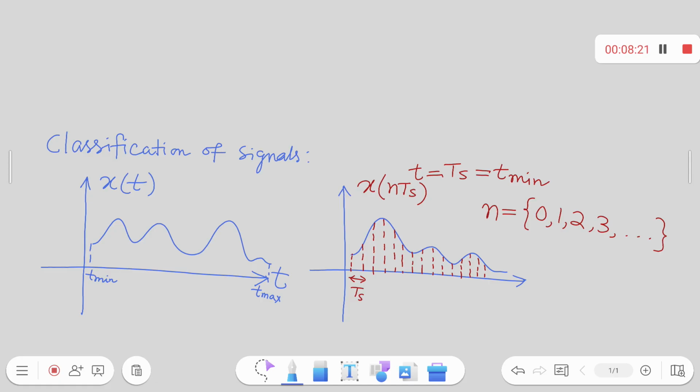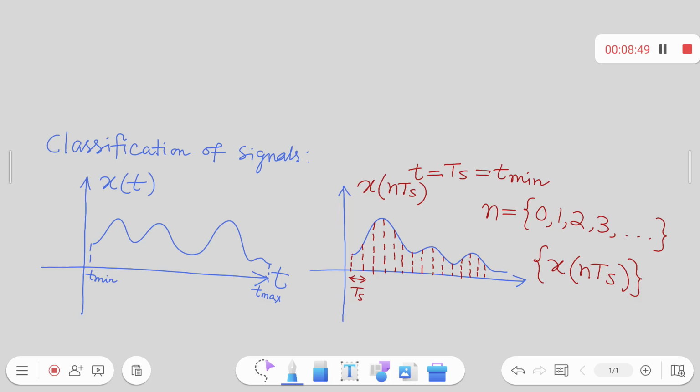It's basically a set of numbers, the set x of nTs, defined for different values of n: 0, 1, 2, 3, 4, 5, and so on and so forth. A set of numbers. That can be regarded as a discrete time signal, and in DSP language, it is known as a sequence.